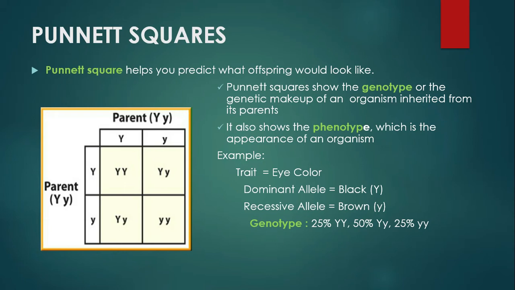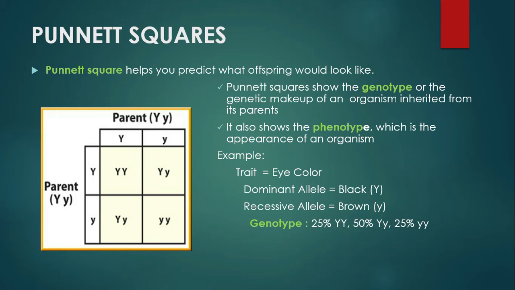That is what makes up the genotype. The genotype comes from both parents, one from the mother, one from the father. That is what will happen when you cross it.